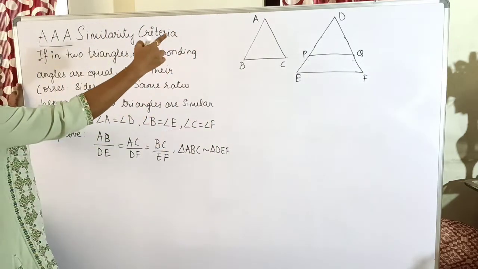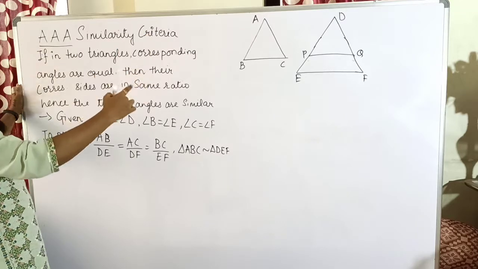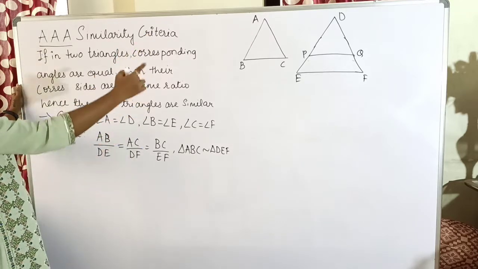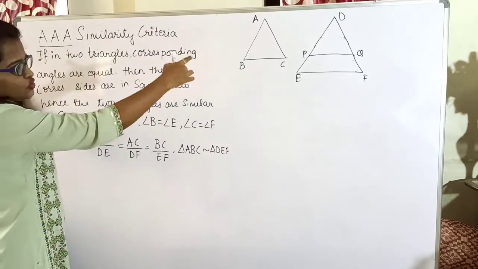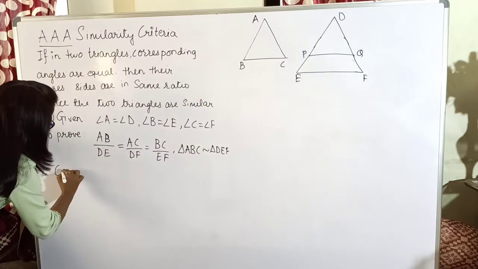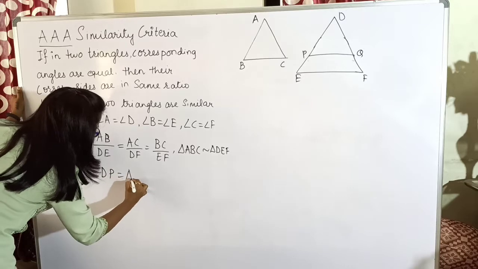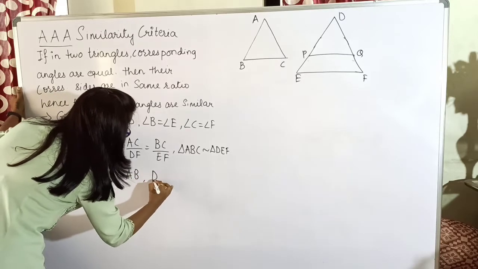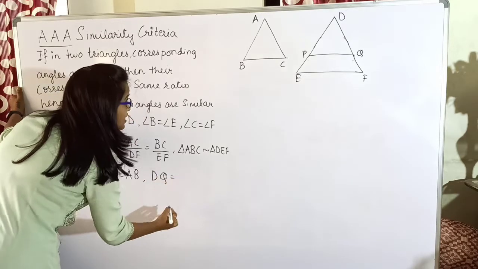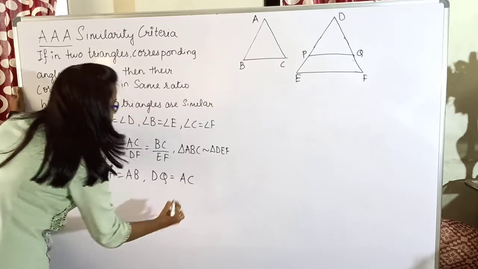It says you have to construct or cut DP, which should be equal to AB, whereas DQ should be equal to AC. So your extra construction: DP should be equal to AB, whereas DQ should be equal to AC.